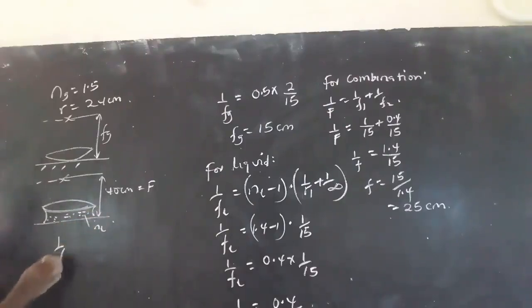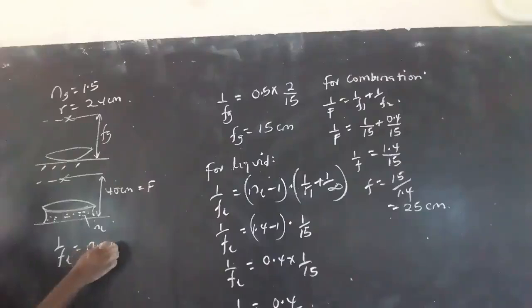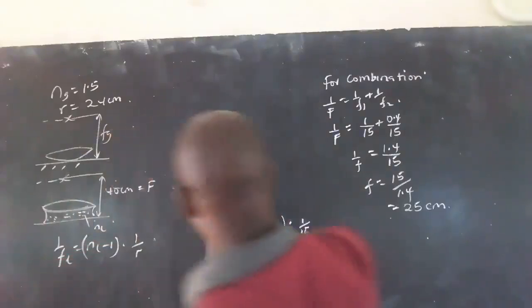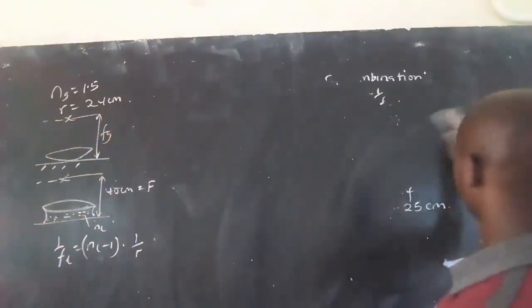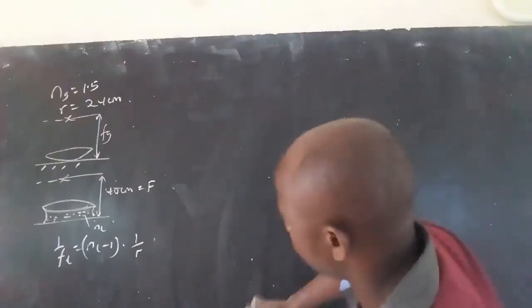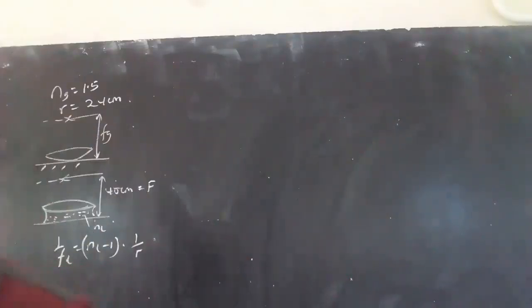So 1 over F of the liquid is equal to N of the liquid minus 1 times 1 over R, because the second R is infinity, because the lower surface has no radius of curvature. But then we don't have the focal length of the liquid.